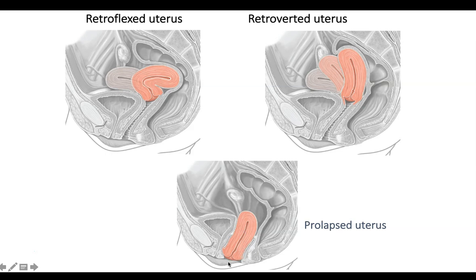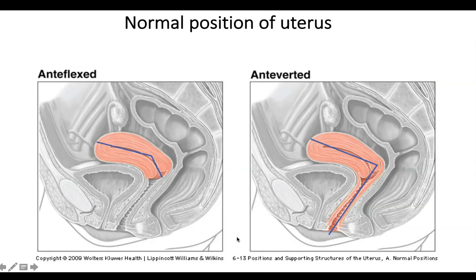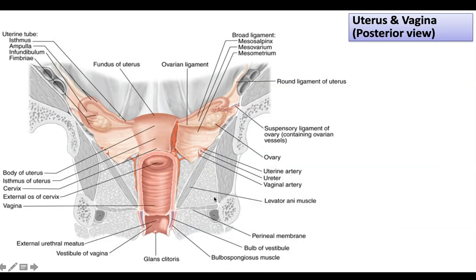And this is a condition where you can see this is the prolapsed uterus. The normal position of the uterus is supported by the pelvic fascia, also the attachment of the pelvic diaphragm muscles, and also the perineal body, which is the central tendinous point of the perineum, that also gives support to the uterus.